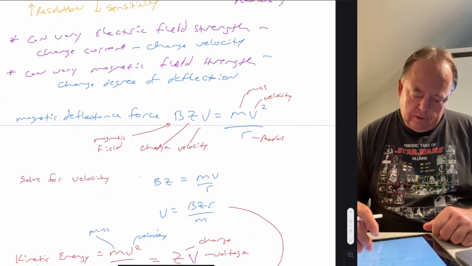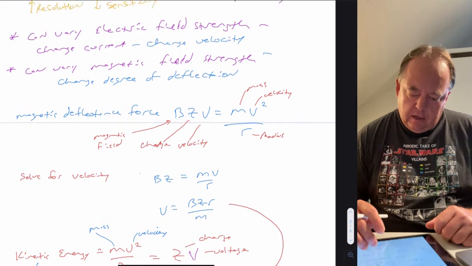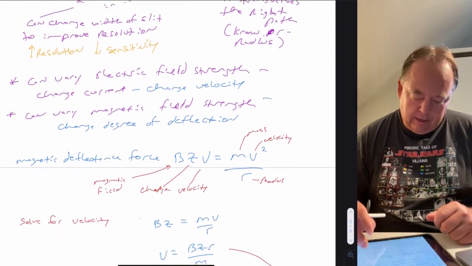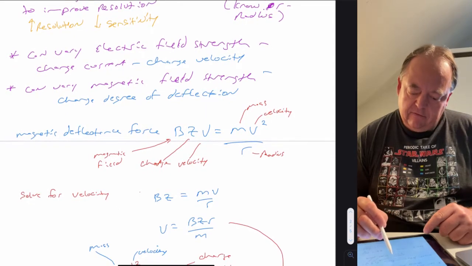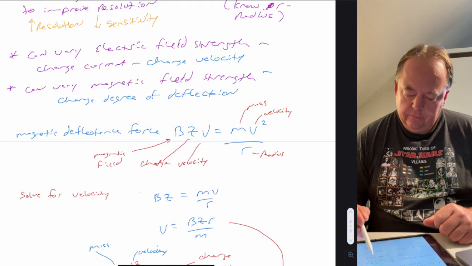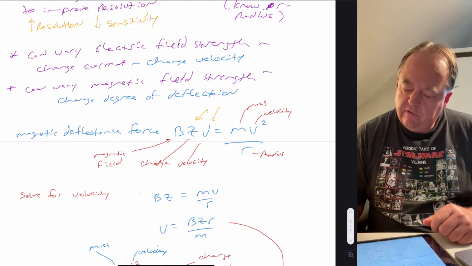Okay, so let's go through a little bit about how the math works. I'm not going to ask you to do this math, but just so that you understand how the mass spectrometer works a little bit better. The magnetic deflection force is given by this formula, BZV, where B is magnetic field, Z is charge, and V is velocity.